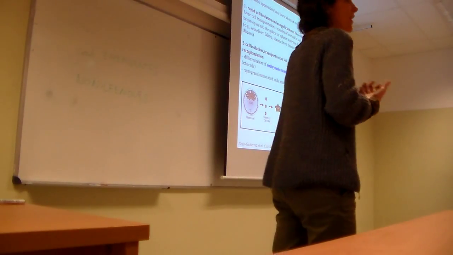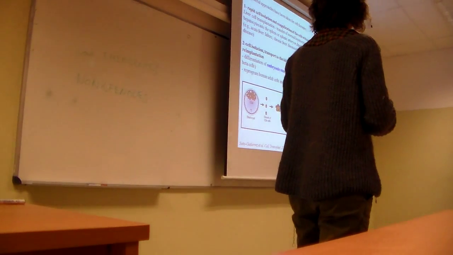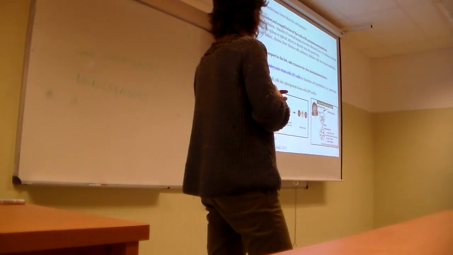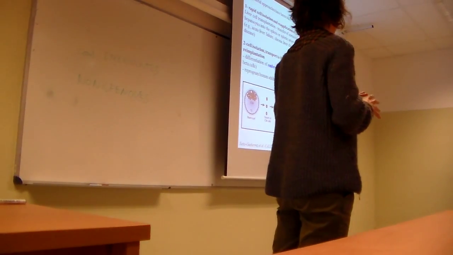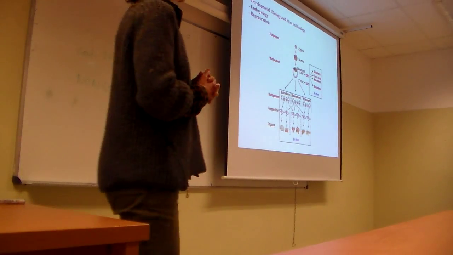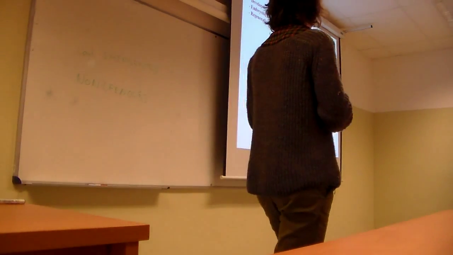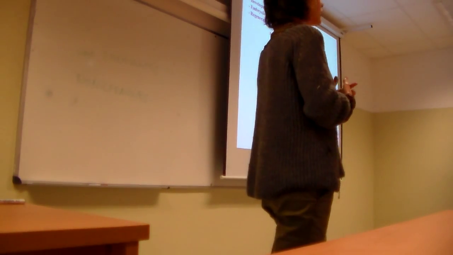And this is what gives us the new opportunities to treat illness. For that aim, we have these 2 main classes of cells, ES cells and iPS cells, and we will talk about them later on.